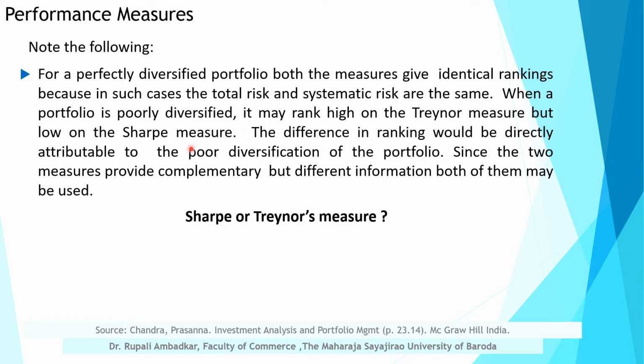Whereas the Sharpe measure takes care of total risk as it's based on standard deviation, a measure of total risk. So in such a case, the portfolio may rank low on the Sharpe measure, which is based on total risk, and high on the Treynor's measure, which is based only on systematic risk. So we can say that the difference in ranking is directly attributable to the poor diversification of the portfolio.